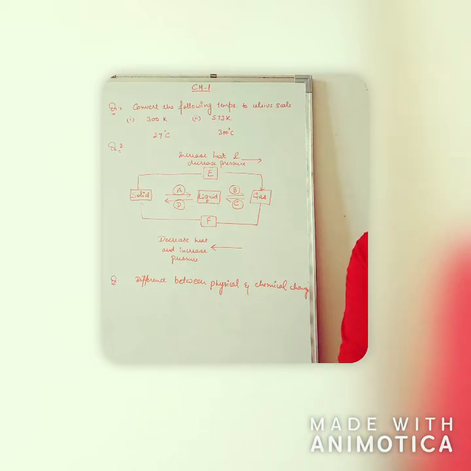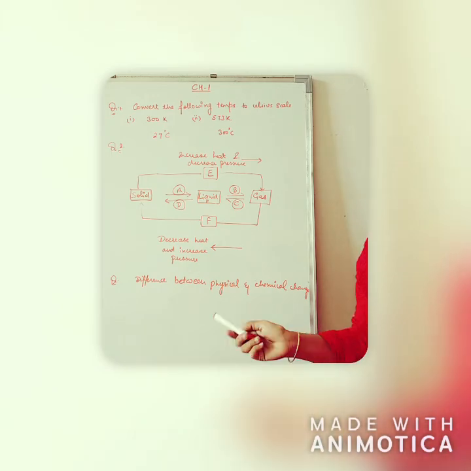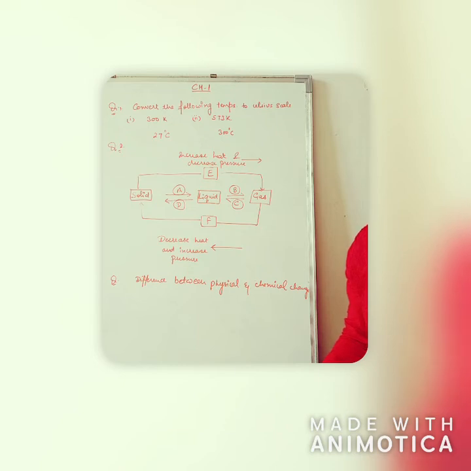In the same way, there are some more questions you can try to solve on your own, like the difference between physical and chemical change. Physical change is not a permanent change, but chemical change is permanent. Sometimes maybe, different cases also. Physical change does not lead to the formation of new substances.